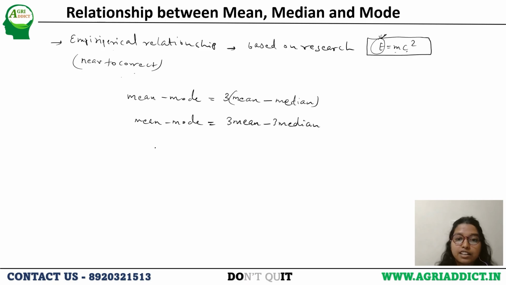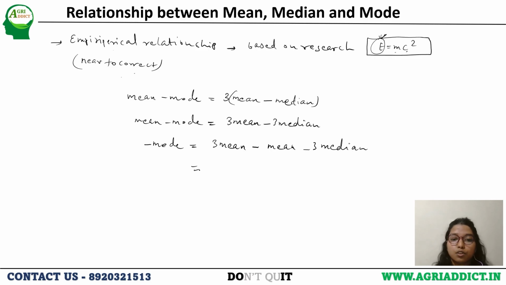Then we'll transfer the mean here. So here it will be minus mode is equal to 3 mean minus mean, which is coming from there, minus 3 median. So minus mode will be as it is. By subtracting, we'll get 2 mean minus 3 median.